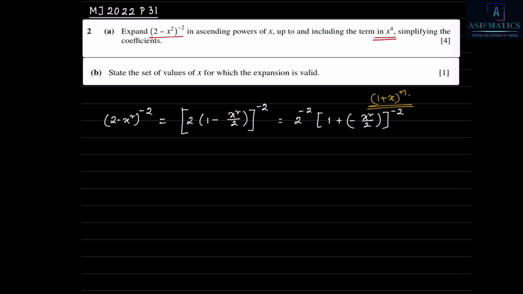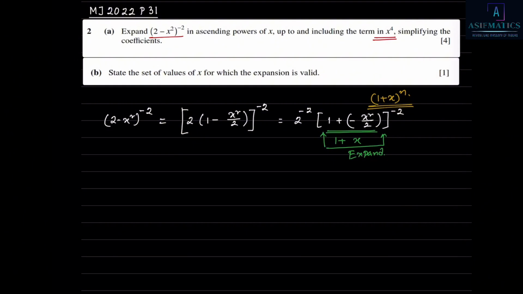Now inside we have the 1 plus x format, so now we can expand this one.